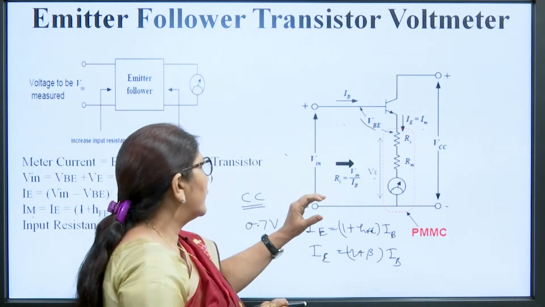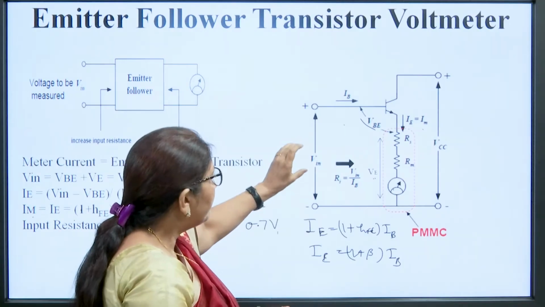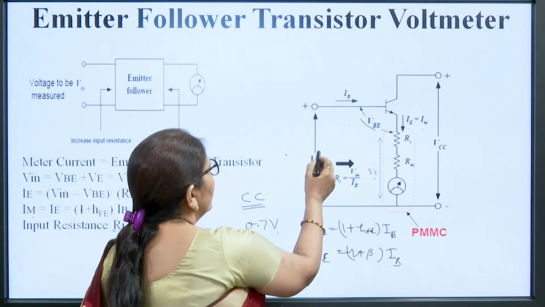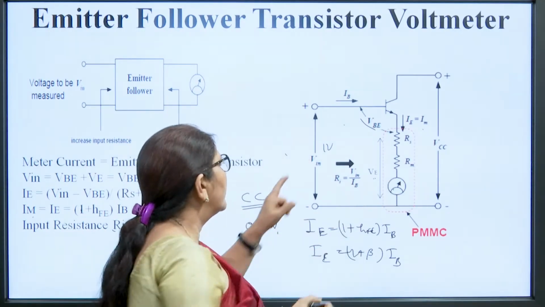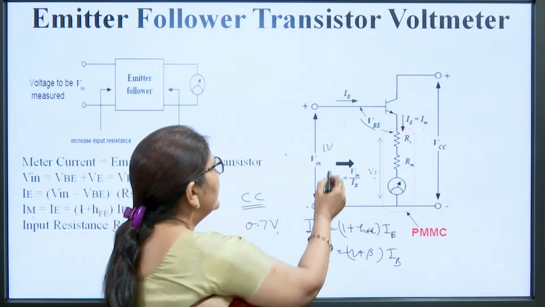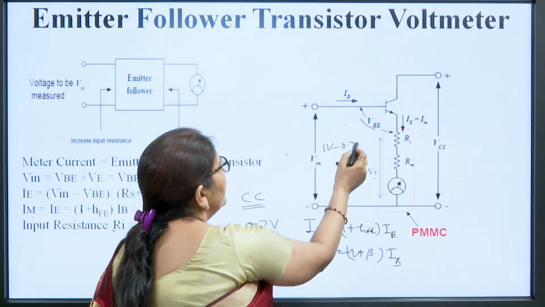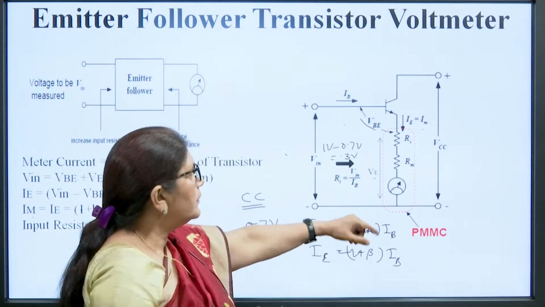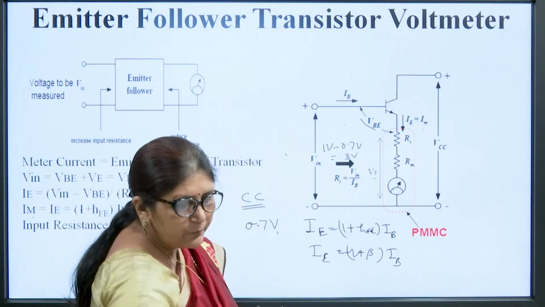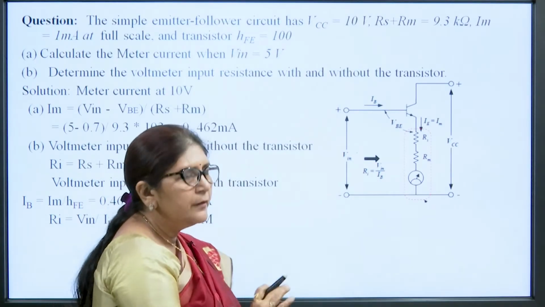This is the main drawback. And if the input is 1 volt, then across the meter it will reach only 1 volt minus 0.7 volt, that is 0.3 volt. So, this meter will only measure 0.3 volt. That is the main drawback of this meter.